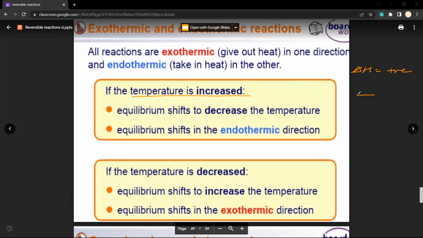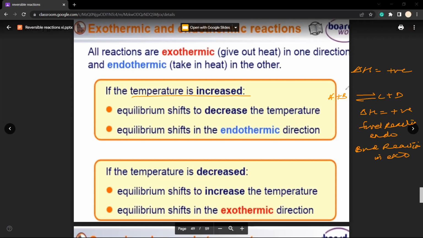Now, if we have a reversible reaction, okay, A plus B gives me C plus D, and the delta H value is positive. That means my forward reaction is endo, and my backward reaction is going to be exo.